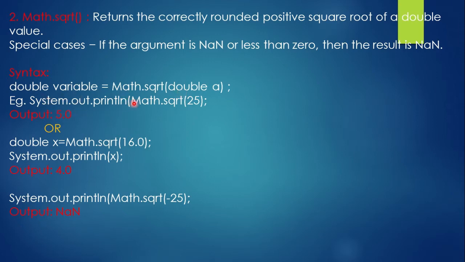Now system.out.println(math.sqrt(25)). So we are requesting the system for the square root of 25. After executing, what will be the result? You will get 5.0, not 5, 5.0. You need to write 5.0 because the return type is double.